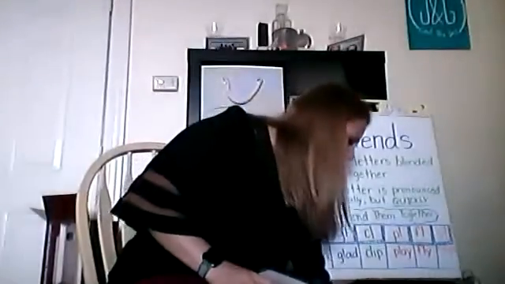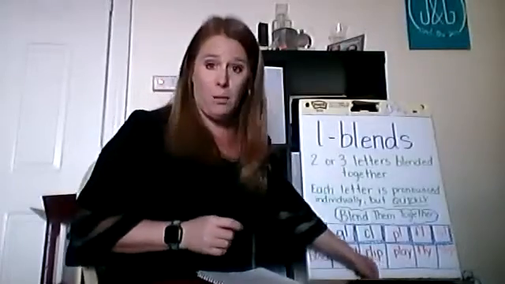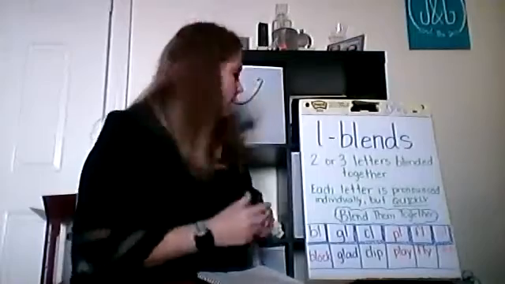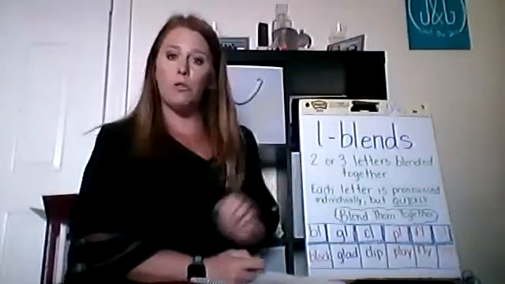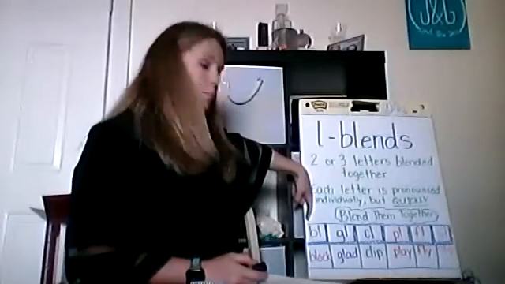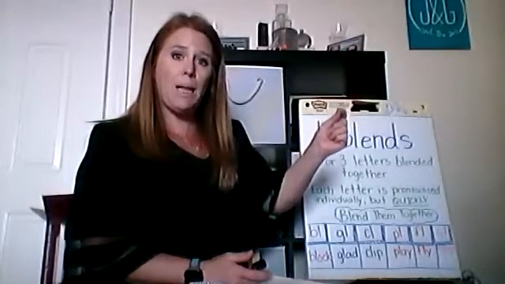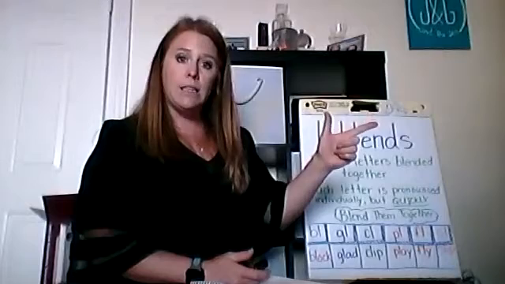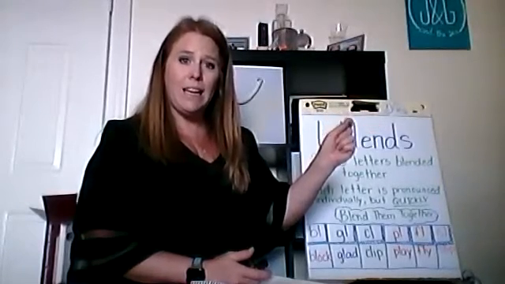So we're going to look at some of our words here. And these are called L blends because the second letter in each word is L. So like BL or GL, those are the ones we're working on, say BL and GL. So BL, b, l, I'm going to say them together quickly, bl. And then GL, g, l, I'm going to say them really quickly, gl.